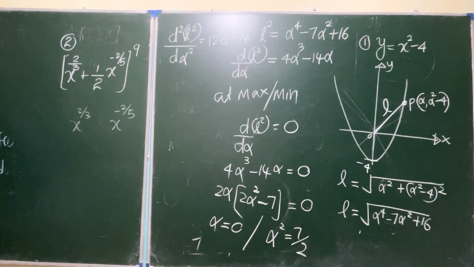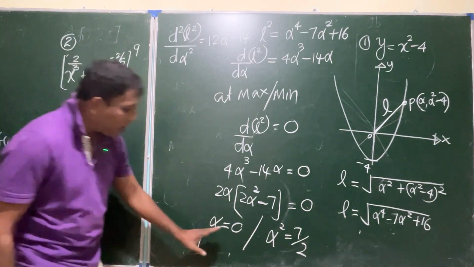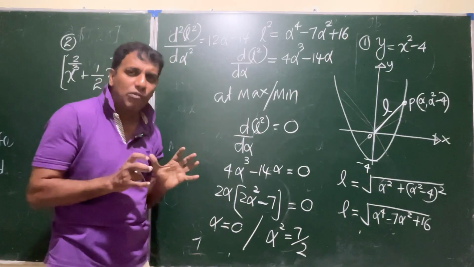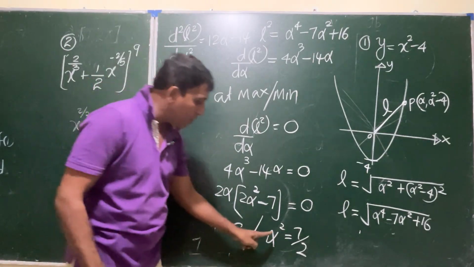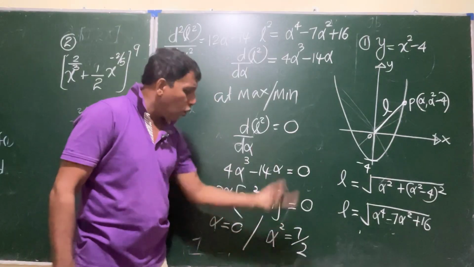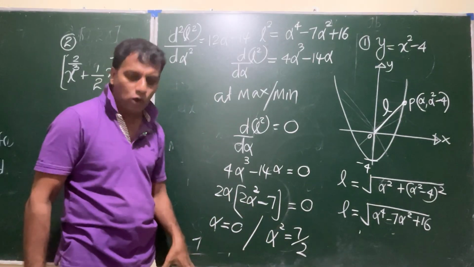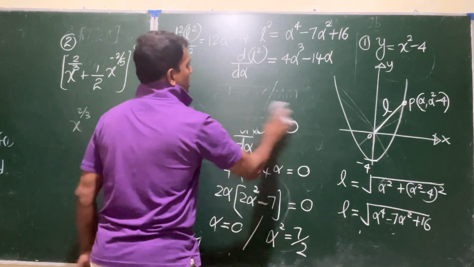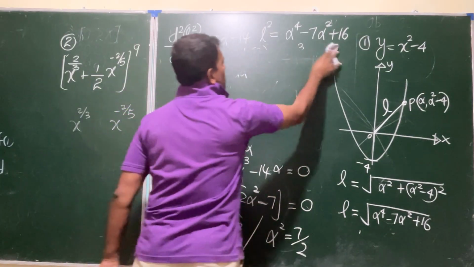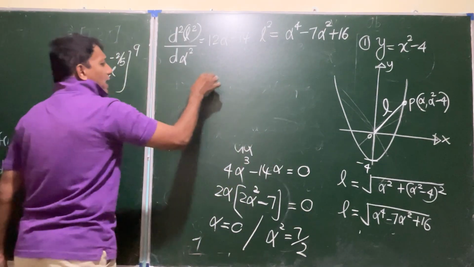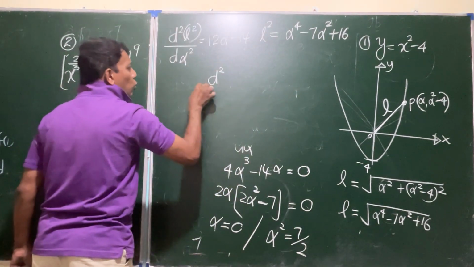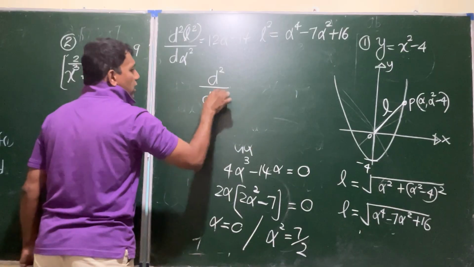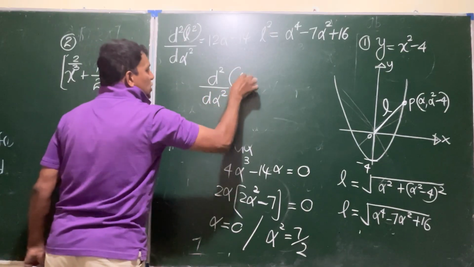So now we check whether it is maximum or minimum for the particular values we derived. For alpha 0, what is the sign of the second differentiation? Or if alpha square is 7 over 2, or you can put alpha equals square root 7 over 2, no problem. Now see my method, d square over d alpha square of L square.